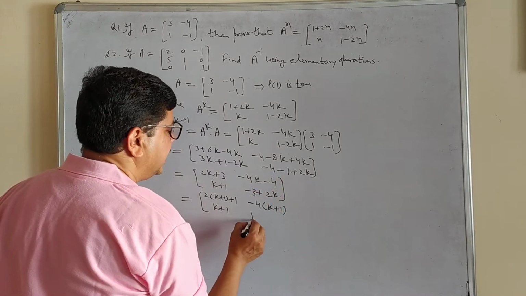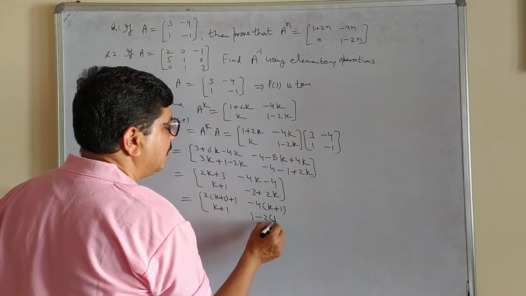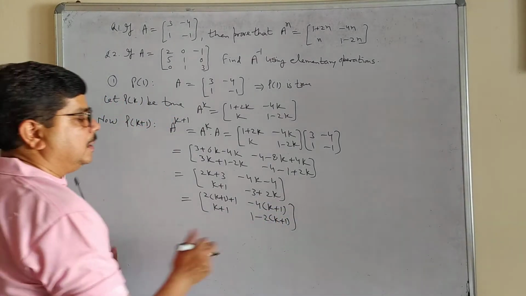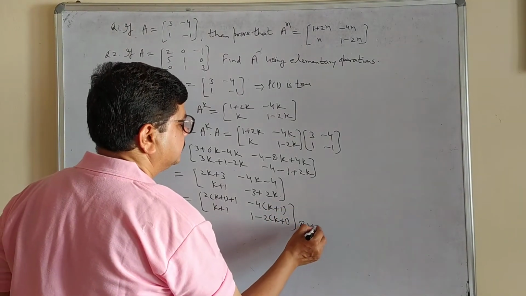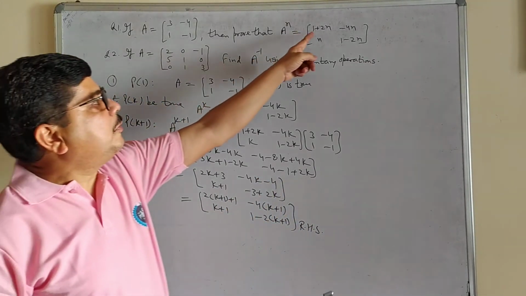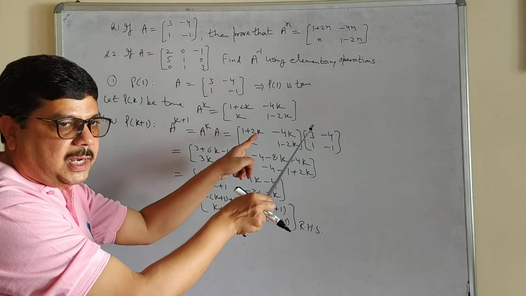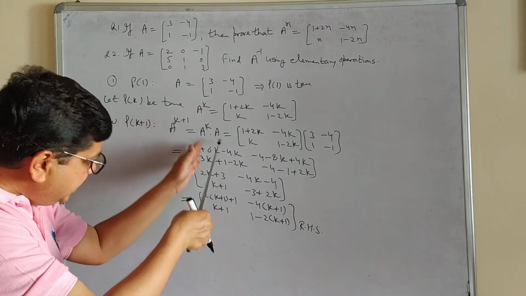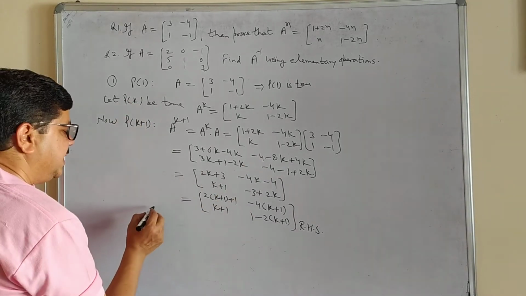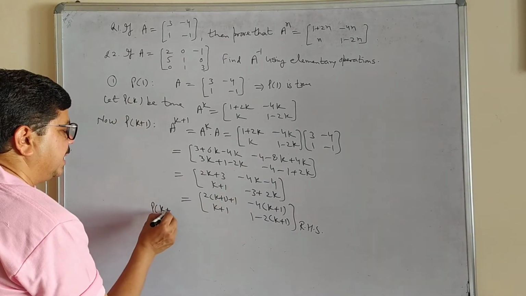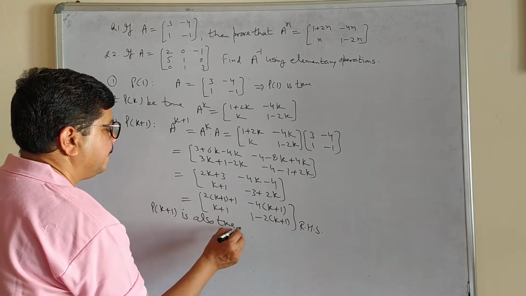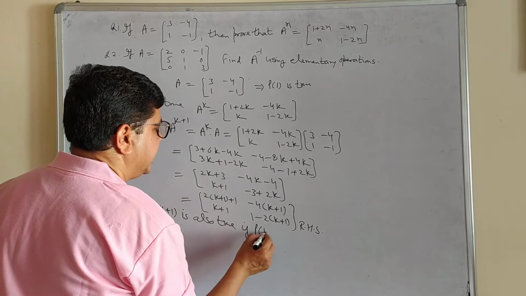That is 1 minus twice of k plus 1. That is right hand side. Or what you can do? A power k plus 1 equal to, in place of n you put k plus 1. Directly you write down right hand side. Take left hand side, simplify like this and bring it equal to right hand side. Now Pk plus 1 is also true if Pk is true.